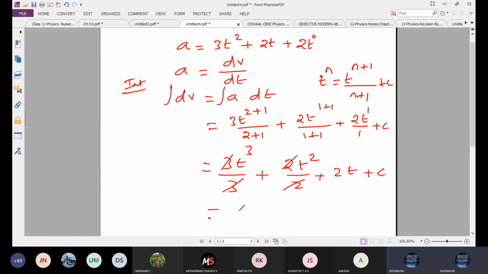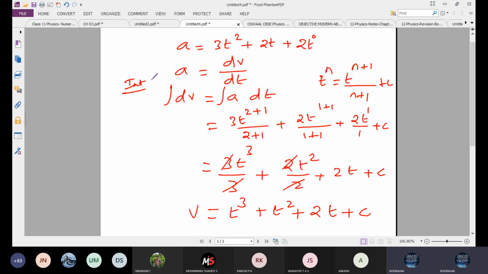Finally, you will get t cube plus t square plus 2t plus C. So this is the v formula. V is equal to t cube plus t square plus 2t plus C.